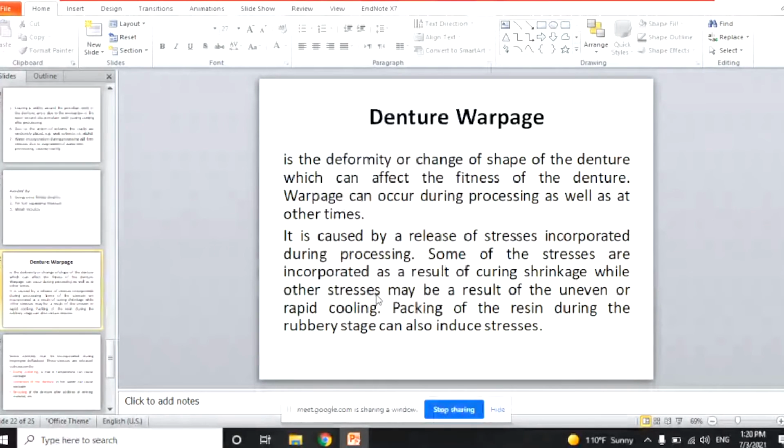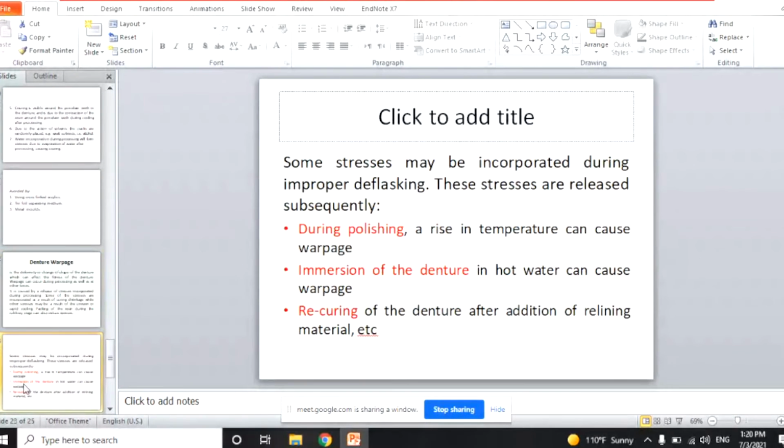Sometimes the warpage can occur during processing. Sometimes the warpage can occur during the cooling after flasking. Both of them can cause denture warpage. Some stress may be incorporated during improper deflasking.